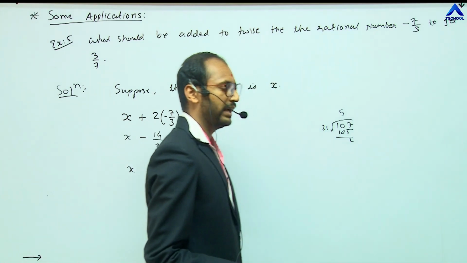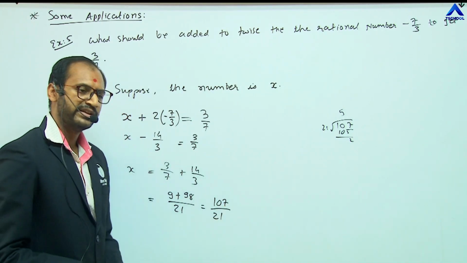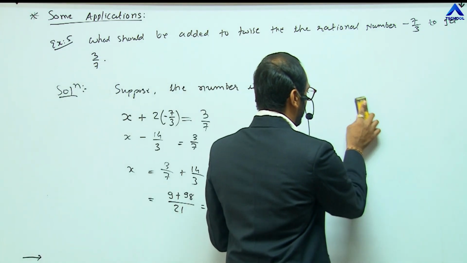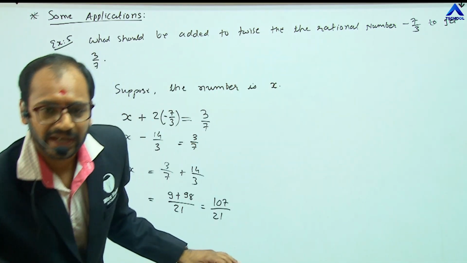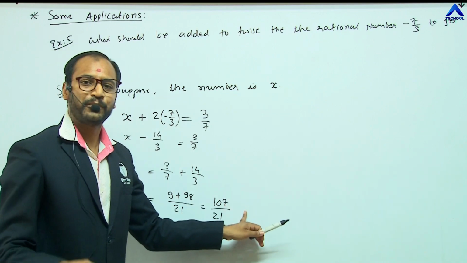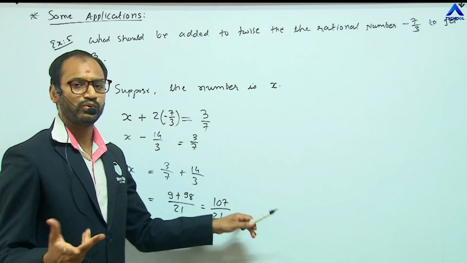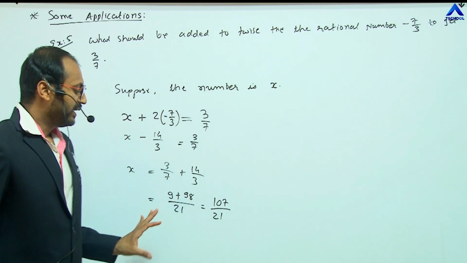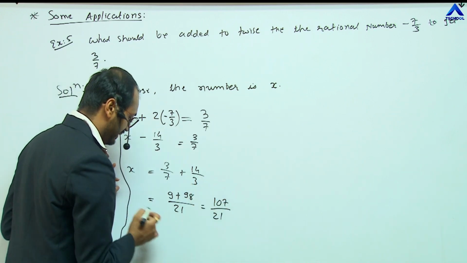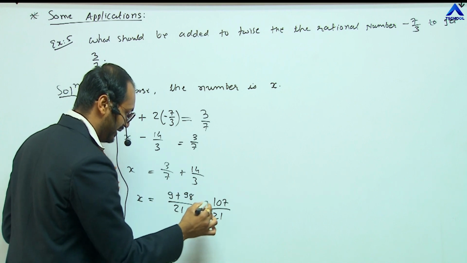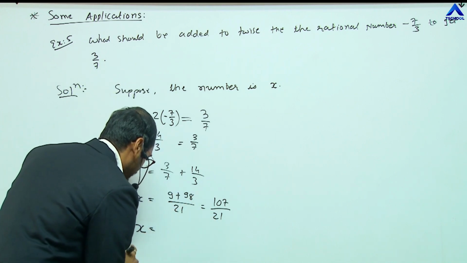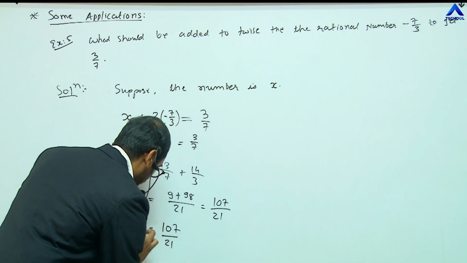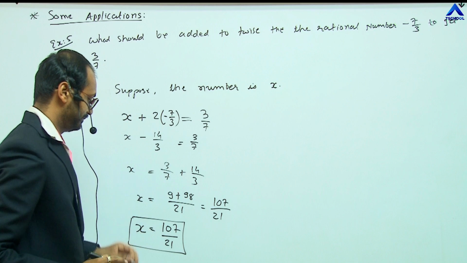We don't get any exact number. So this is also a rational number. If we simplify this, we get the answer as 5 point something, 5.2 or something. Clear? So let me leave this answer as it is. The value of x is 107 by 21, that is your answer.